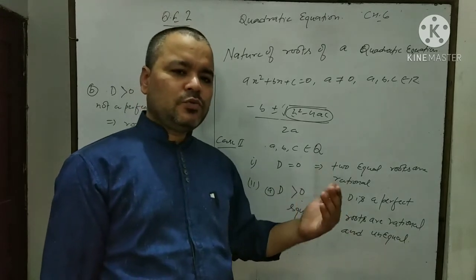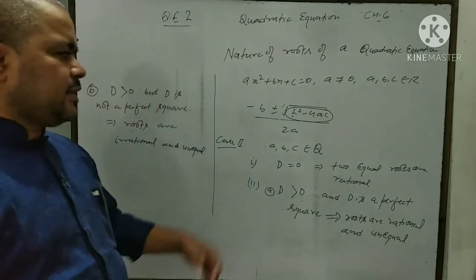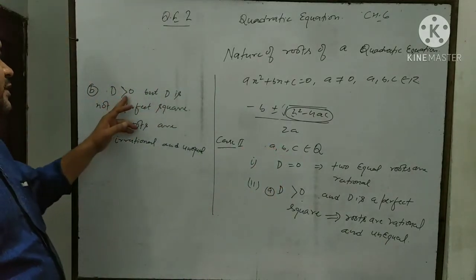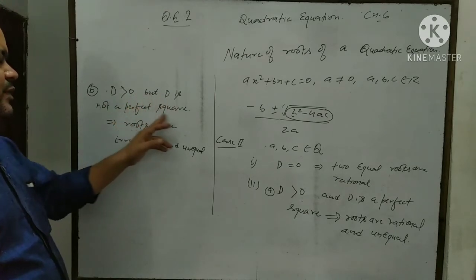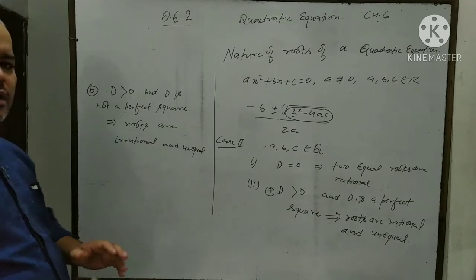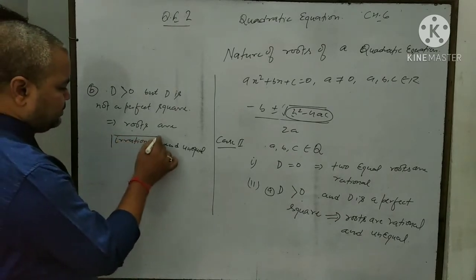Both roots will be unequal and they will be rational. Here I gave one example of 25. But when the value of discriminant is greater than 0 and D is not a perfect square, in that case roots will be unequal but they will be irrational.